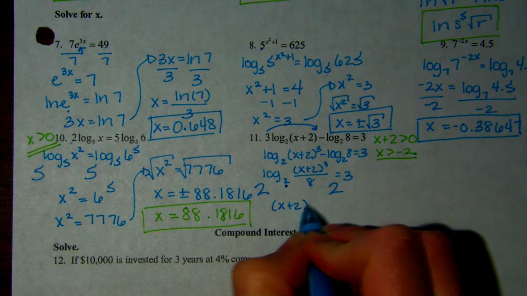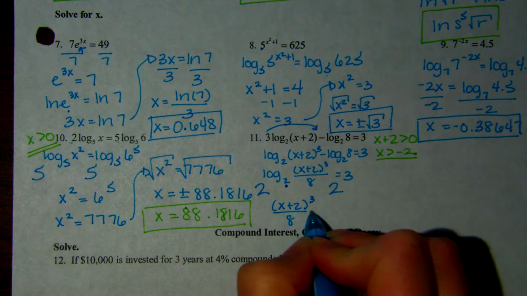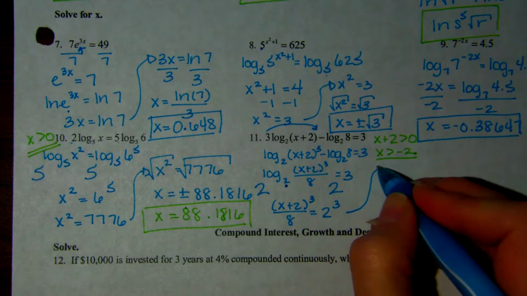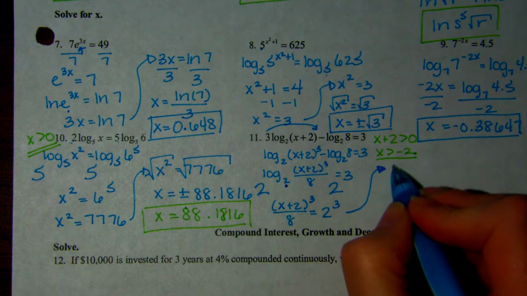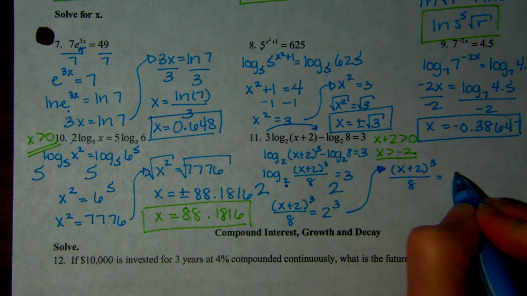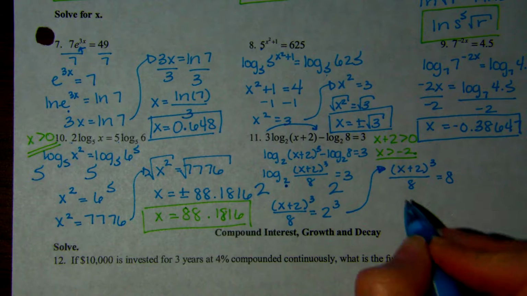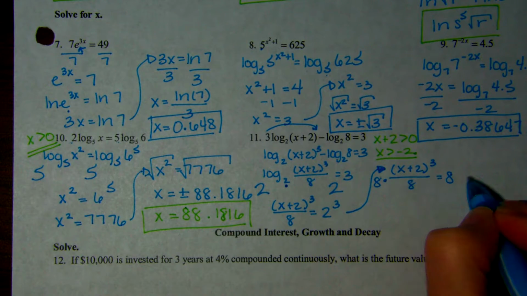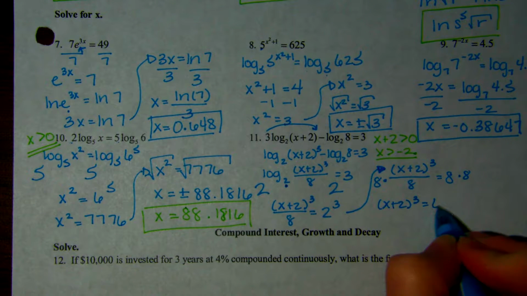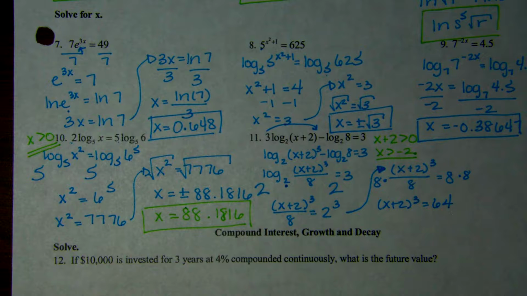This is (x plus 2) cubed over 8 is equal to 2 cubed. So that's (x plus 2) cubed over 8 is equal to 2 cubed, which is 8. To solve, we multiply both sides by 8. So we get (x plus 2) cubed is equal to 64.